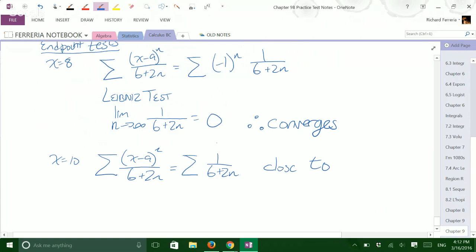It should be the series when you plug in 10, it should be 1 to the n. You don't need it? 1 to the n is always 1. That's okay. This is close to 1 over n.